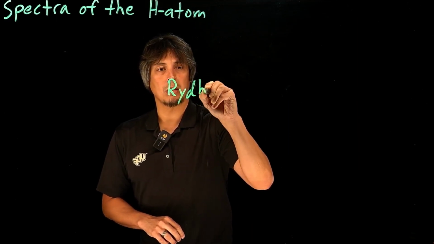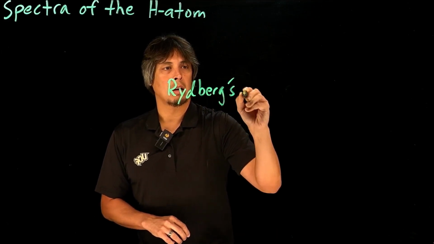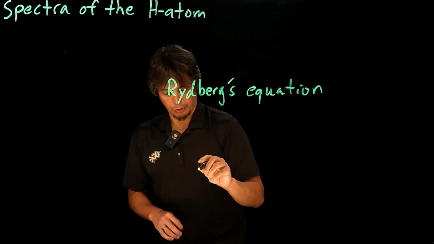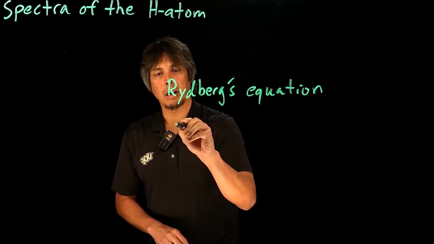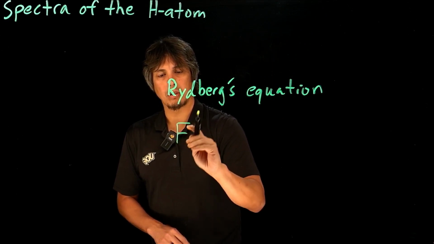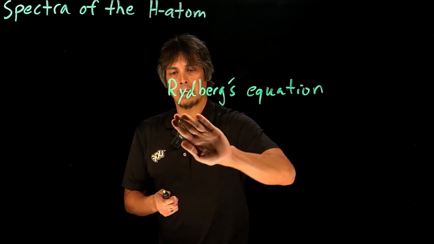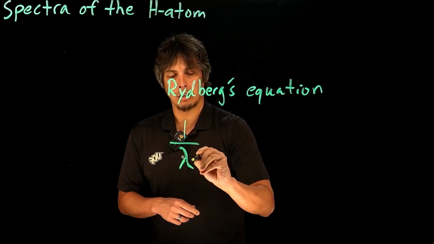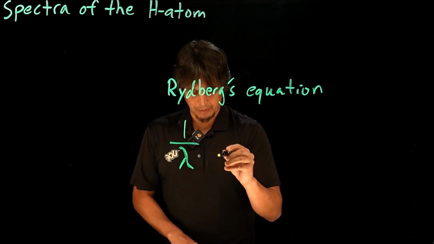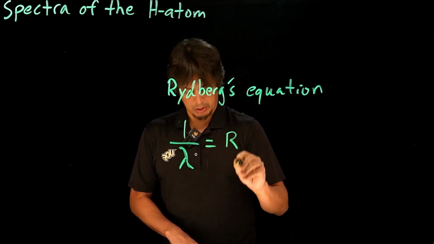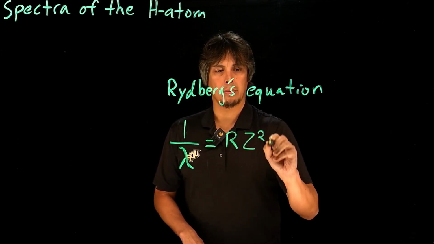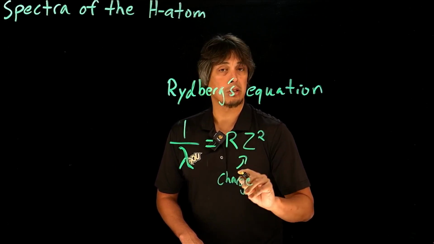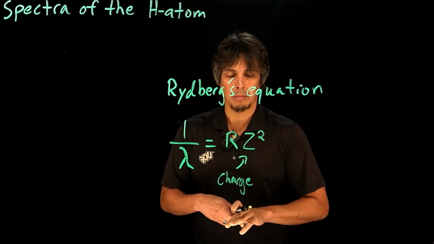And so those energies were found to abide by a mathematical formula known as Rydberg's equation, which said the 1 over the wavelength of the light that was absorbed or emitted is related to R, which is called Rydberg's constant, times Z squared, which is the charge of the nucleus. So for hydrogen, the charge of the nucleus is 1. There's only 1 proton in it.